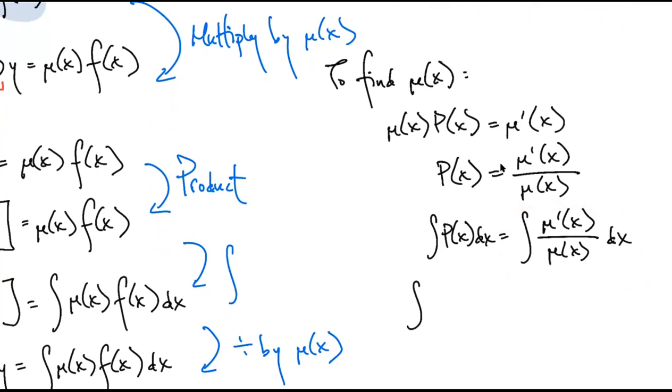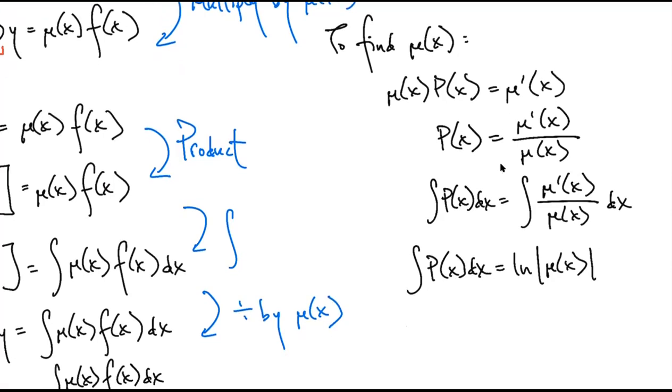So we'll get the integral of p of x dx equals the natural log of mu of x. And there is a plus c here because we did integrate.